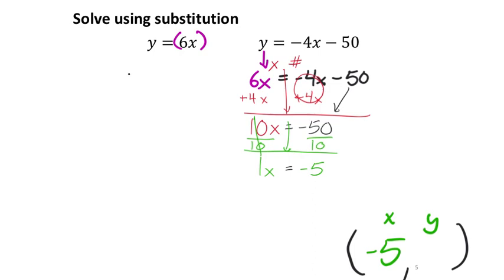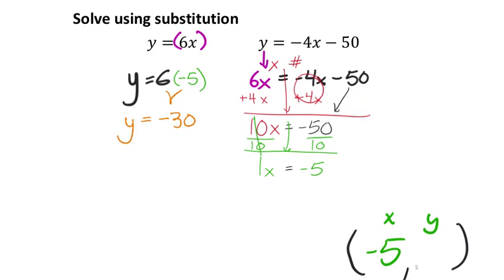So let's take that y equals 6x, but we just found the x value is negative 5, so I'm going to replace the x with negative 5. All I have to do at this point is solve, which, if you used this equation as well, you'd just do the same thing. I'm going to use that equation to check, though, and now what I get from here, 6 times negative 5 is negative 30, and that is my corresponding y value.